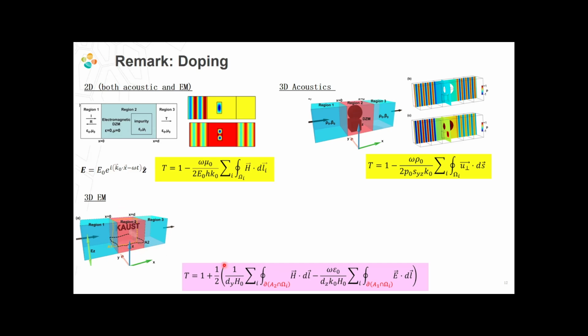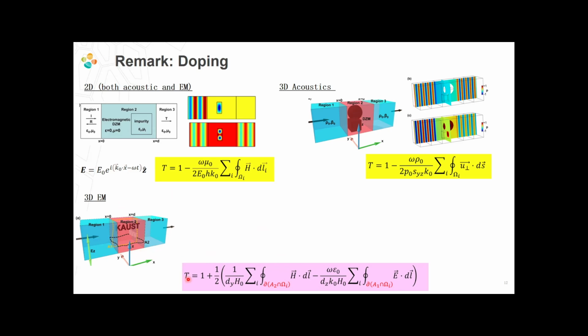So as long as your impurity does not have any intersections with any one of them, or in other words, if there exist these two surfaces that are not intersecting with any of these impurities, then your transmission is always 1.